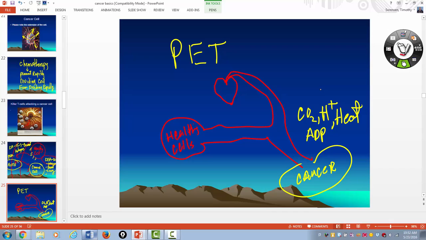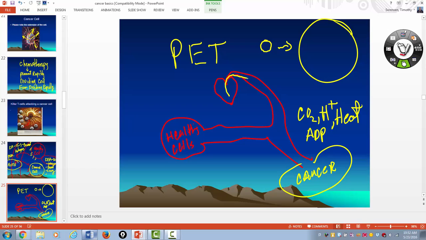These byproducts of metabolism will cause the arteries that supply the cancer cells to dilate. And because the rest of the cells of your body, your healthy cells, aren't as metabolically active, those blood vessels will remain smaller, and the metabolically active parts, cancer cells, will be dilated.